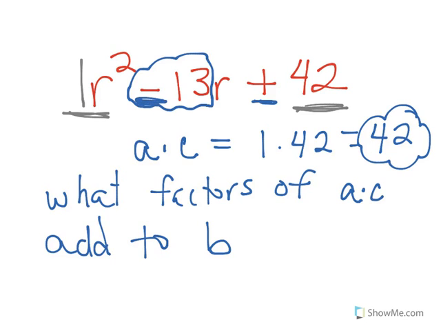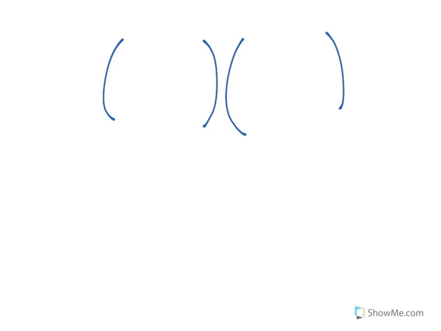So in order to add up to a negative, the signs for my binomial factors must both be negative. So I'll drop in my variable r, I have my two negative signs, and now I need to come up with factors of 42 that add up to negative 13.